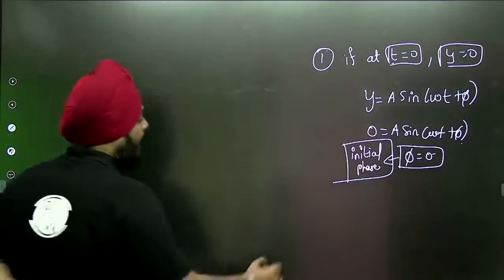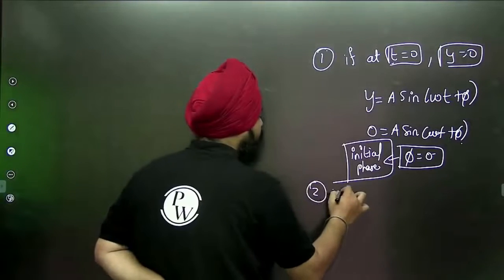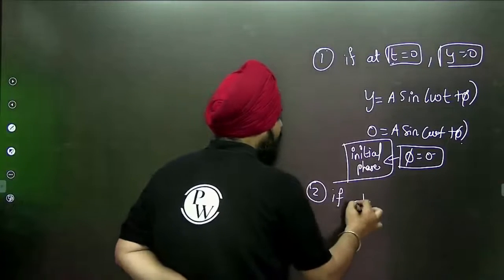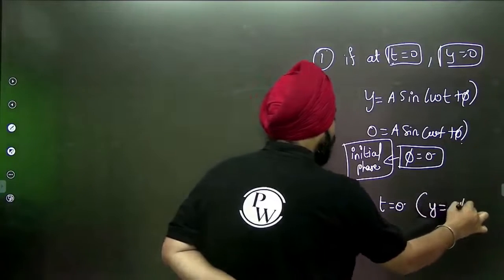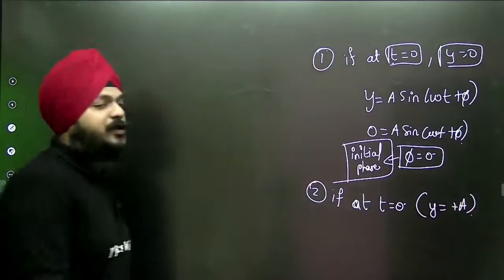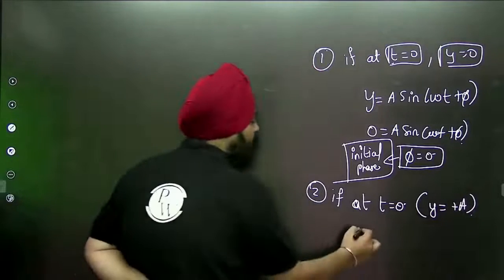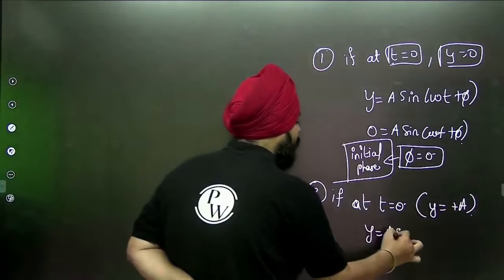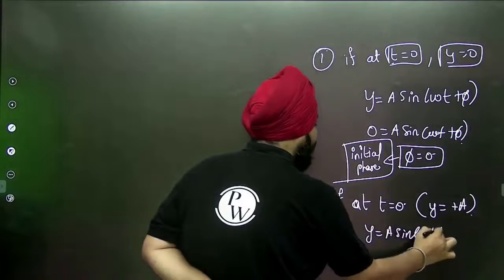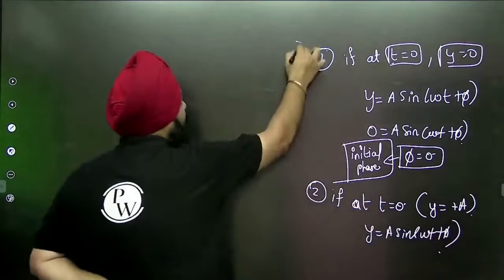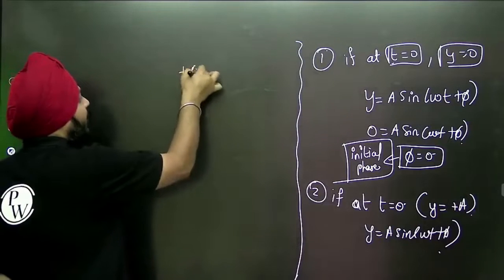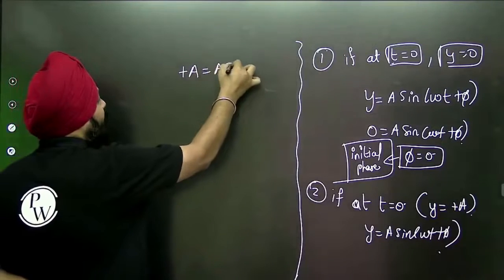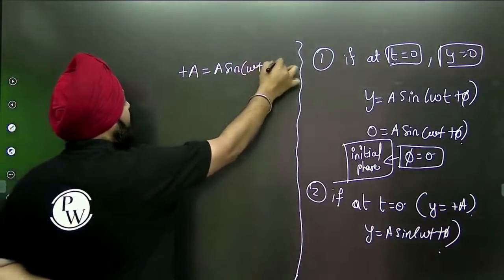Second, if at t is equal to 0, y is equal to positive A, what is the initial phase of the particle? The equation of SHM is y is equal to A sine of omega t plus phi. Plus A is equal to A sine of omega t plus phi.